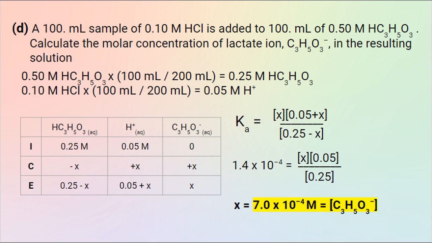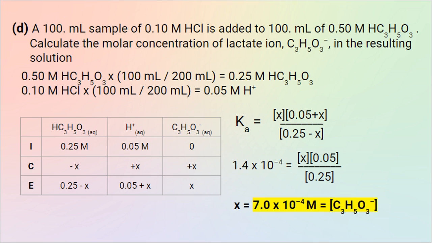So as always, the change would be minus x and plus x, because we use the coefficients. And so at equilibrium, for HC3H5O3, we have 0.25 minus x, H plus is 0.05 plus x, and C3H5O3 minus is just x. So we can plug those values into the equilibrium equation to get Ka, which is 1.4 times 10 to the negative 4, which we solved for previously, equal to x times 0.05 plus x over 0.25 minus x.